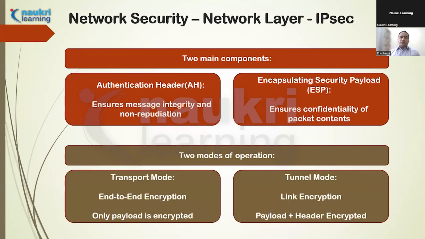This is used for encryption between two hosts, or peer-to-peer communication. In transport mode, only the payload is encrypted, the header is not encrypted, whereas in tunnel mode, which is also called link encryption, both the payload and header are encrypted. Another important point to remember is that tunnel mode is mostly used for the VPN connections we use to connect to our company networks.